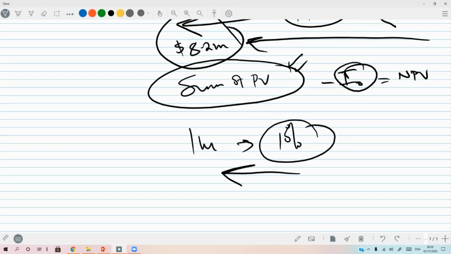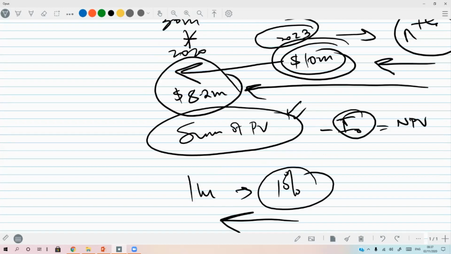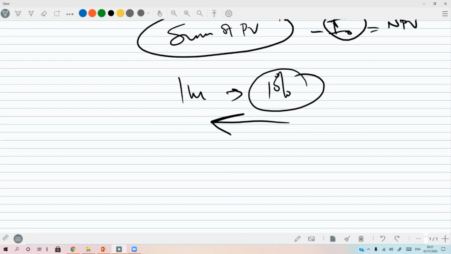So if the discount rate, or the cost of interest here, is 10%, you discount 10 million by 3 years back to today. The 10 million is the value at year 3, and the present value is that divided by 1 plus the discount rate, to the power of 3, because this is 3 years from now.